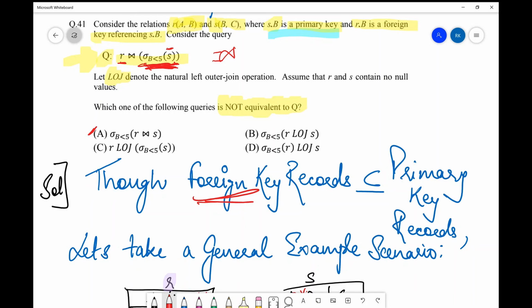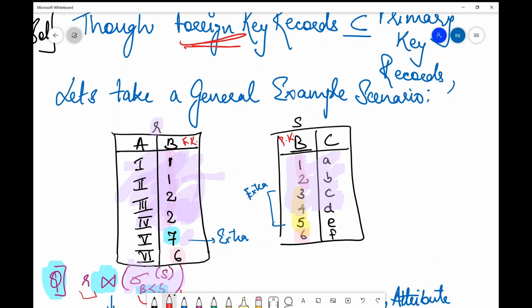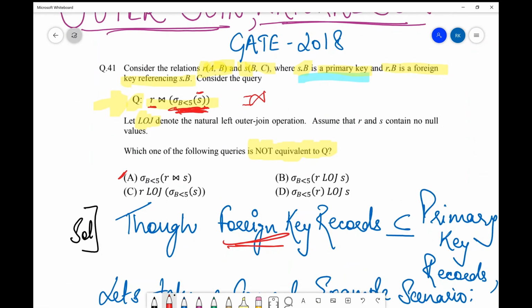So I'm just trying to figure out what the examiner thought while developing this question. So the examiner probably thought of this kind of scenario and generated the answer as C. So the answer given in GATE for this particular question is C. This is GATE's answer.